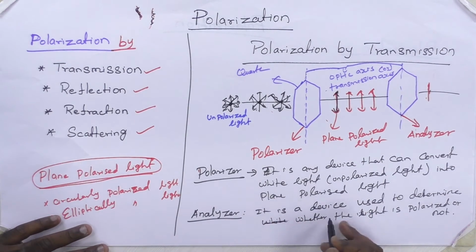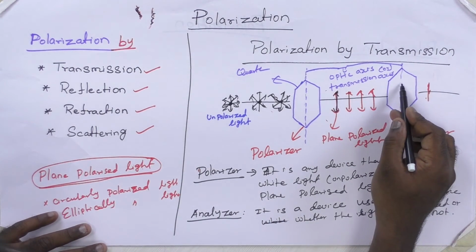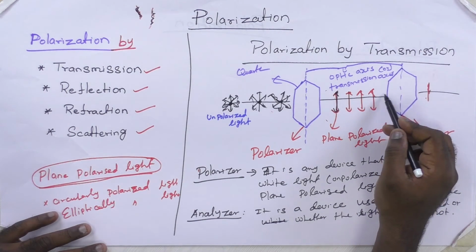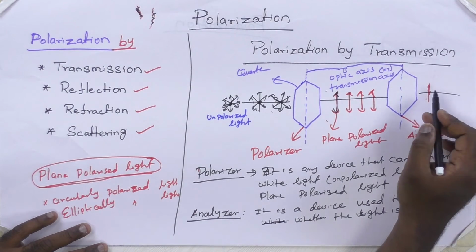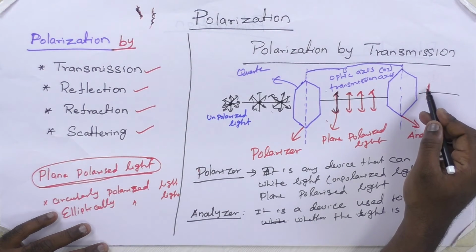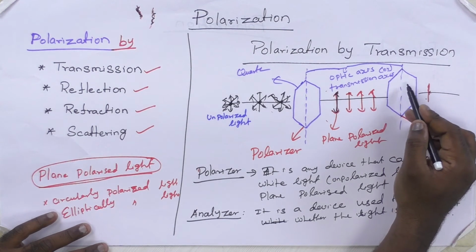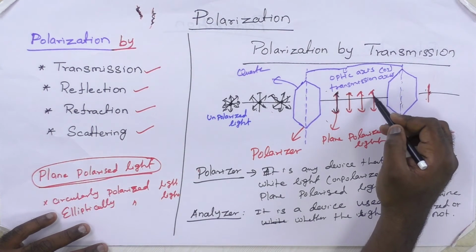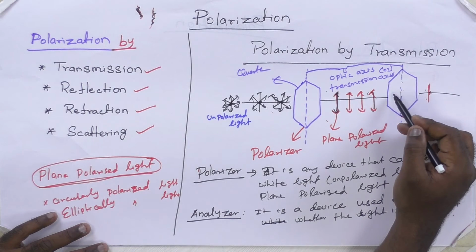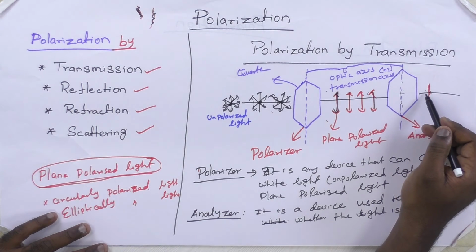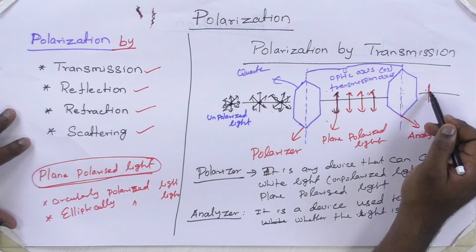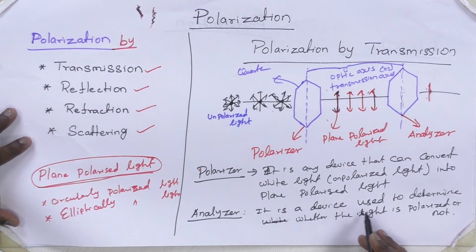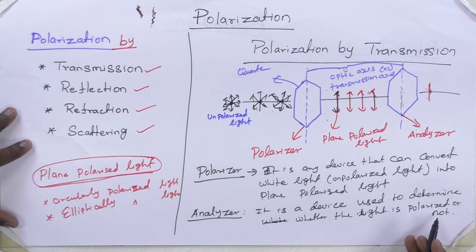How can you use this analyzer? When you rotate the analyzer, you will see the intensity varying from 0 to maximum. The intensity is maximum when the transmission axis is parallel to the polarized light. If it is crossed, the intensity will be 0. That is why the analyzer is used to determine whether light is polarized or not.